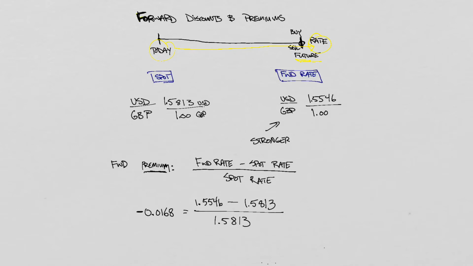And notice this is a negative number because, well, I said forward premium on the dollar, and the dollar is trading at a premium, but what we're talking about here is in terms of British pounds. It's all just relative to what we're talking about.